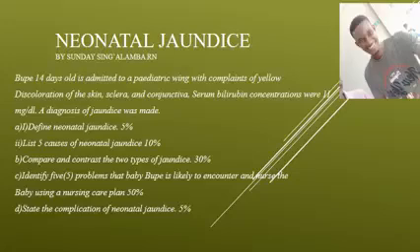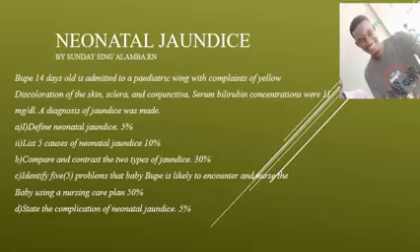So question A1 is saying define neonatal jaundice. In my definition, I'm saying neonatal jaundice is a condition in which there is a yellowish discoloration of the skin, the sclera, and the conjunctiva due to excessive deposition of unconjugated bilirubin.